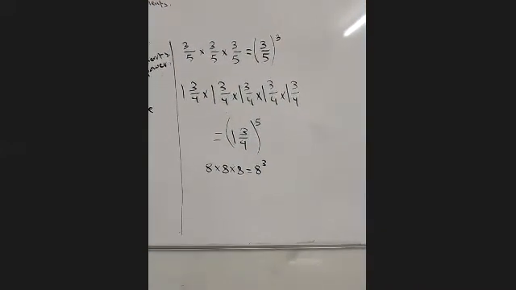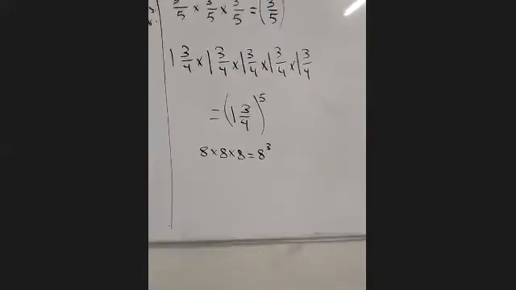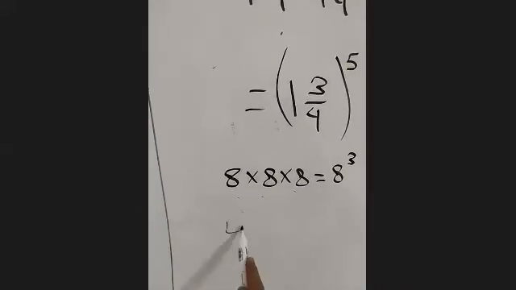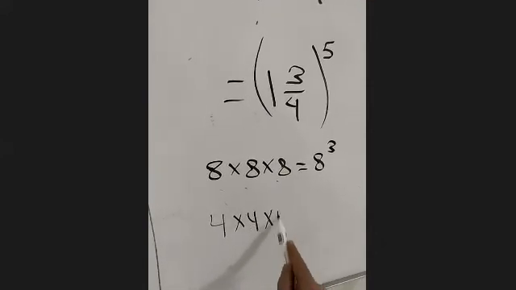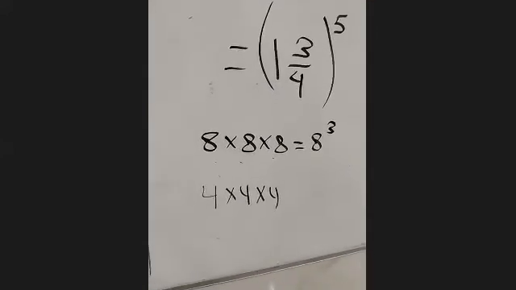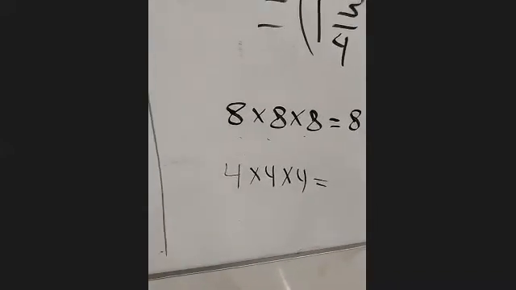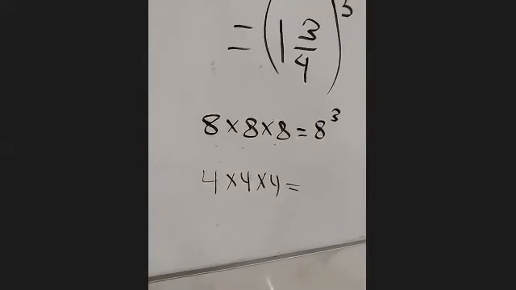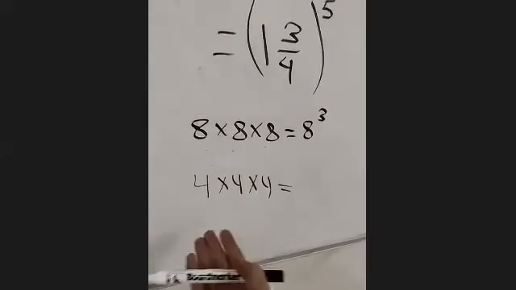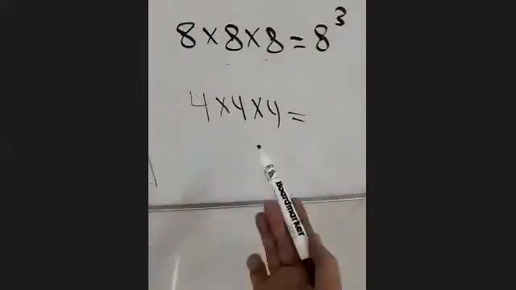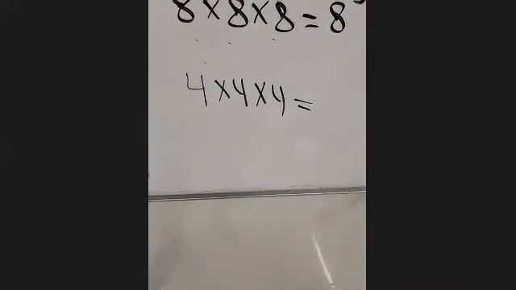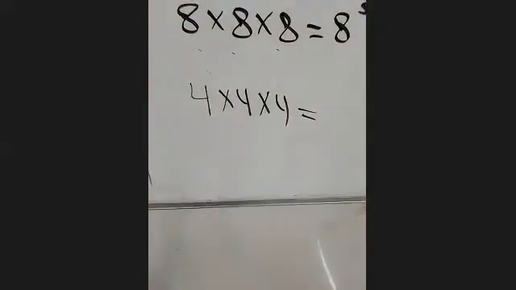Tamim. Yes, mister. If we have a 4 three times, we can write a 12. 4 multiply 4 multiply 4 like this. Yes, mister. We can put a 12. Multiply, mister, multiply. Can you multiply? Yes, I know, but I think it's hard.